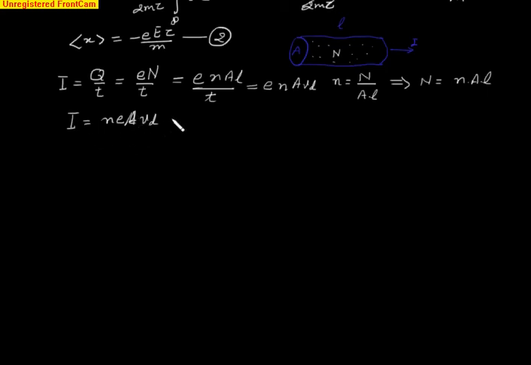If I take A to the other side, we can find Vd: drift velocity equals current divided by nEA. Let us say this is equation number 3.